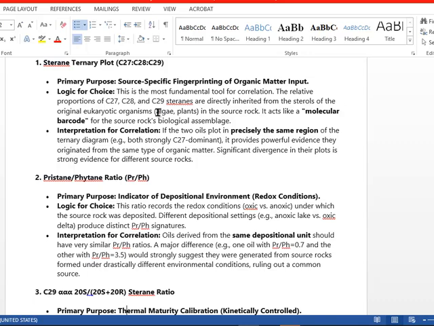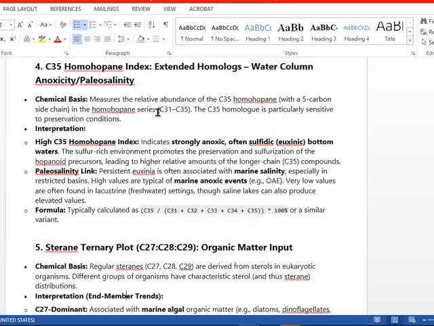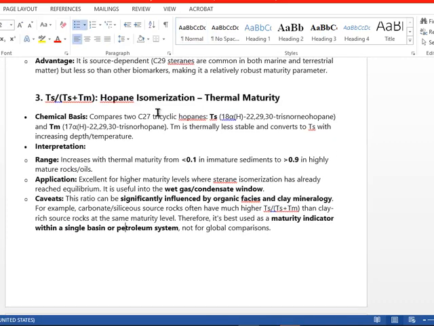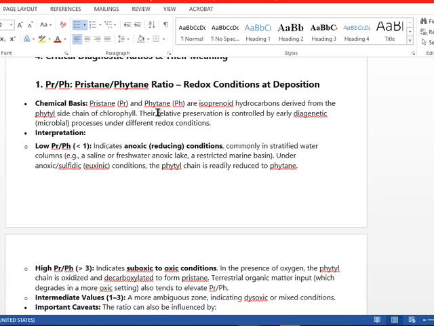If one is less than 1 and the other one is greater than 3, then you know that there is a problem with your crude oil, because when you hark back to what we've been talking about, the pristane phytane ratio shows that low, less than 1, signifies anoxic condition, while high, greater than 3, signifies oxic condition.